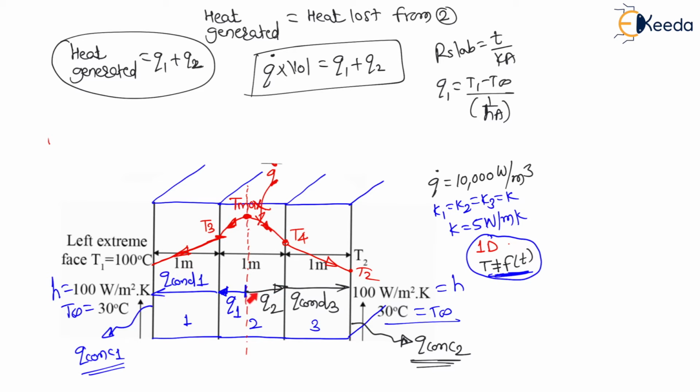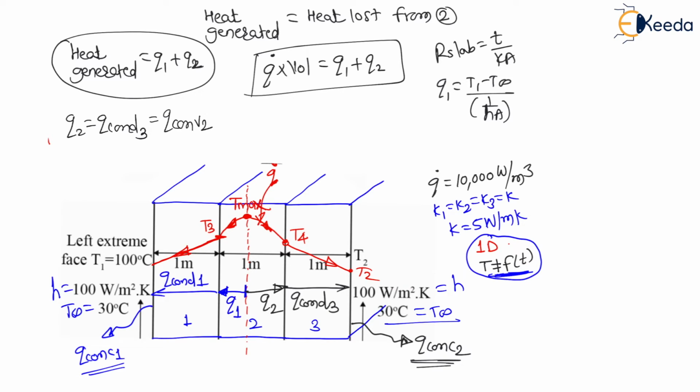For steady state condition, this Q2, that is heat conducted through this center slab towards the right, is equal to heat conducted through this slab 3 and as well as is equal to heat convected to the surrounding fluid towards the right. Therefore we can say here Q2 is equal to heat conducted inside the third slab is equal to heat convected towards the right, that is heat convection 2.